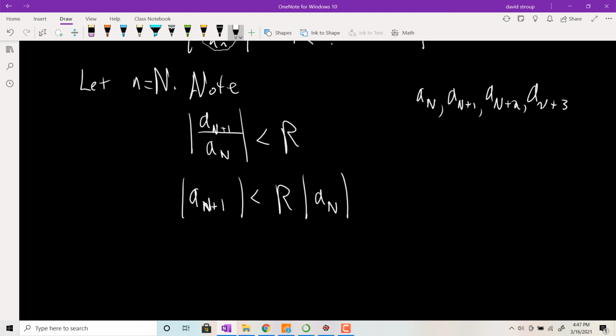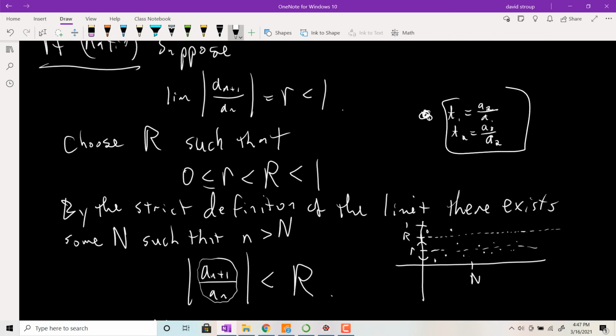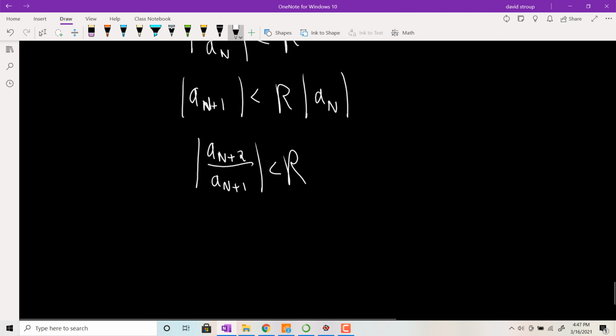The ratio of any two consecutive terms will equal these t values in the sequence, and the t values will be within that epsilon distance around r, in other words, they'll be less than big R. So you could say a sub n plus 2 all over a sub n plus 1 is less than R, and then you can multiply by a sub n plus 1 on both sides, and you get the absolute value of a sub n plus 2 less than R times the absolute value of a sub n plus 1.